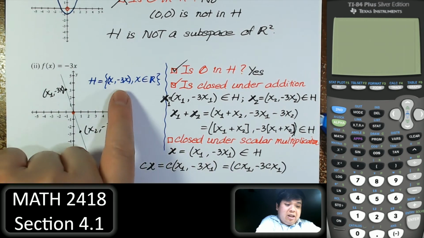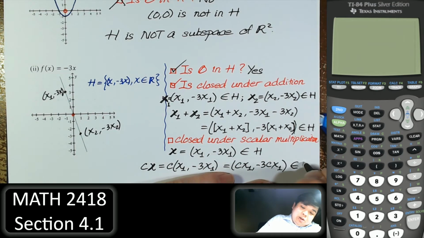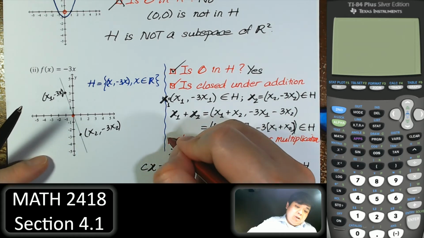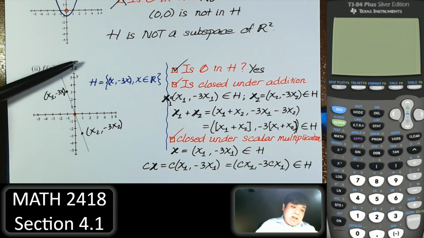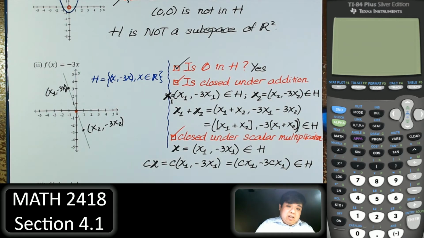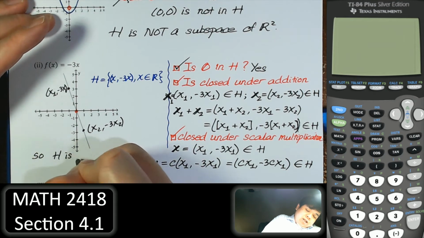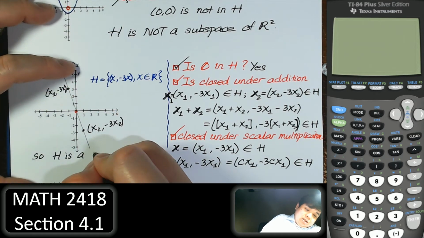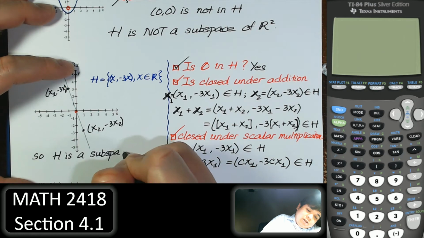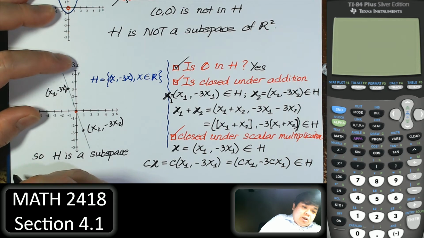This certainly is the same form as an element in H. So c times x is in H. So that's why this is closed under scalar multiplication. So since they satisfy all three criteria, we say the set of all the points here is a subspace of R2. So this H is a subspace of R2.